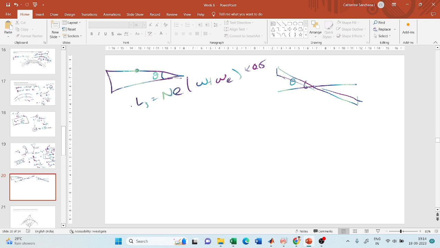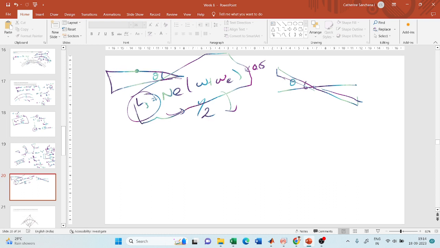So the length of the curve will be reduced to half when you rotate it about the center line. So you just have to remember that if the section is rotated about the inner or outer edge, it should be just this equation, whereas if it is rotated about the center line, then you have to multiply it by 0.5. Okay, so this is one more criteria for finding out length of the transition curve.